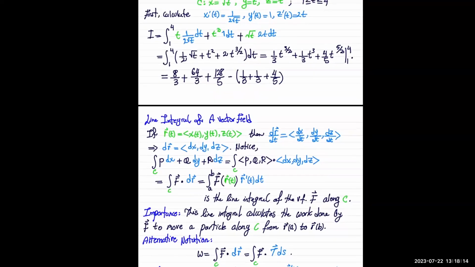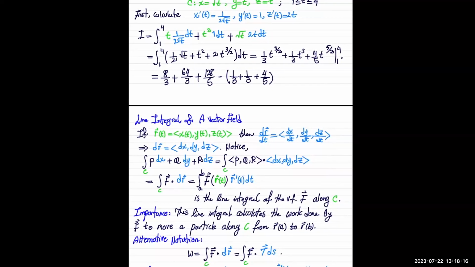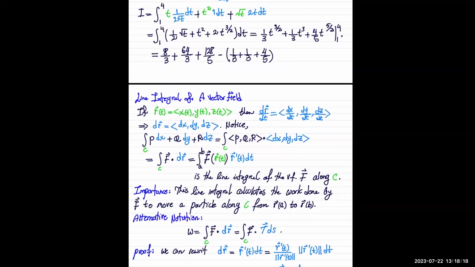Let's look at a new page. Let's say we have a curve that we are integrating over, r of t, given by this vector valued function. dr/dt, guys, is just the derivative vector.